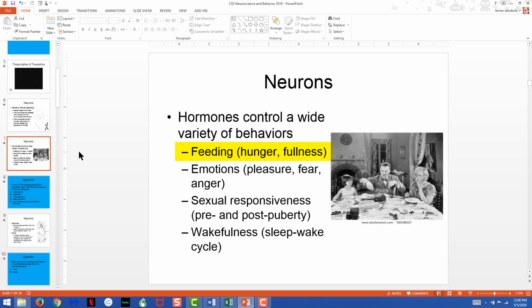Now, if the hormonal feedback system from your gastrointestinal tract back to your brain is modified by increasing or decreasing the amount of signal, you could cause a person to become either anorexic or obese.